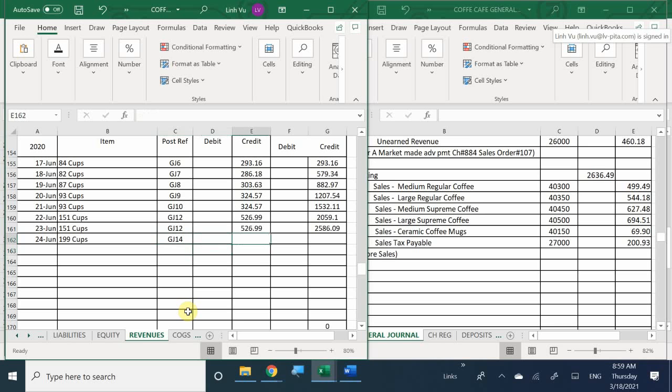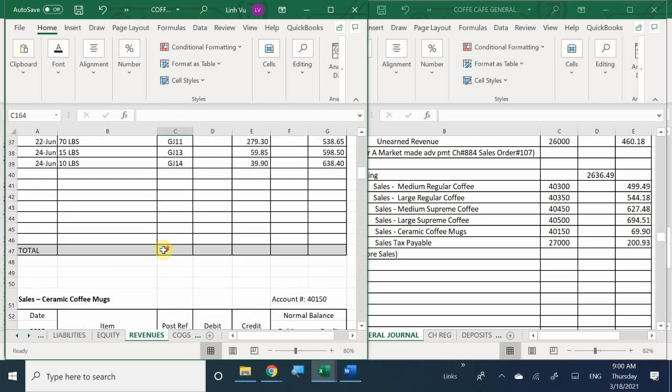So then for $694.51. So what's my grand total here? $3,280.60. Good.